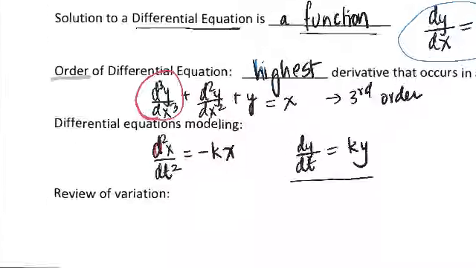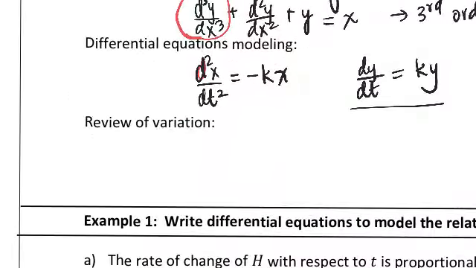Okay, so to understand differential equations, we need to be comfortable with the concept of variation. So you know from Algebra 2 that there are three types of variation. Direct variation, where we say y, the variable y, is directly proportional to x. Inverse variation, where y is inversely proportional to x, y is equal to k divided by x.